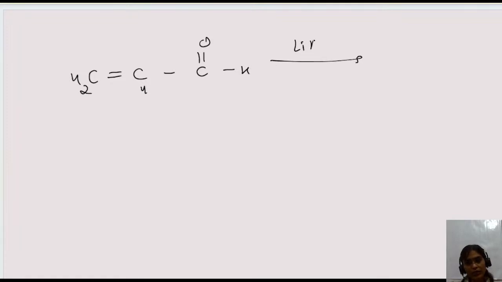In this case, I'm using lithium aluminum hydride. Question number one, let's say this is A or B. Is lithium aluminum hydride going to reduce A or B or both?